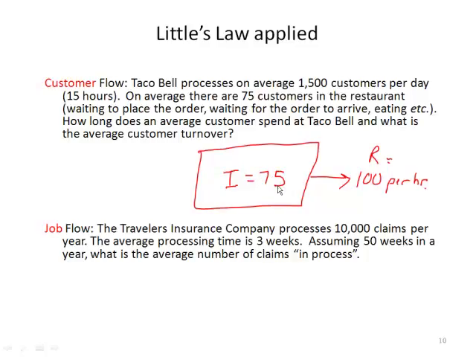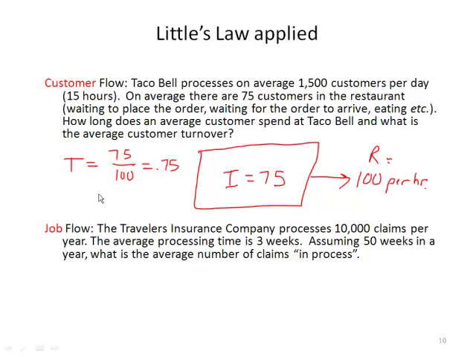So the two questions we have are, what's the average time in the system, and what is the average customer turnover? Well, applying Little's Law, I can figure out that the time in the system is going to be the inventory of 75 customers over 100 flowing through per hour, or 0.75 hours, or that'd be 45 minutes. 0.75 hours is 45 minutes.